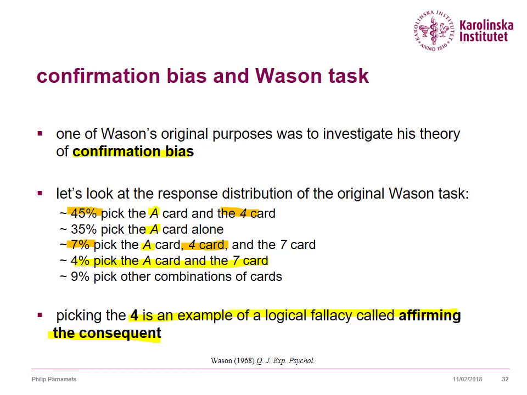But the rule actually doesn't say that all even cards have to have a certain letter on them, so it doesn't help tell you if the rule is true. But participants are very drawn to this particular option, and Wason's proposition here is that this is due to a feature of human reasoning that he calls confirmation bias.